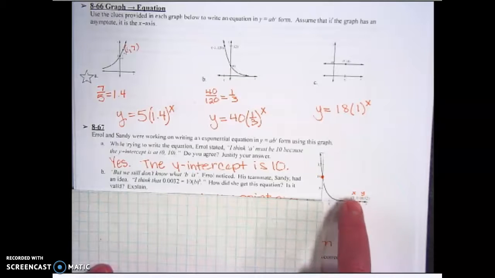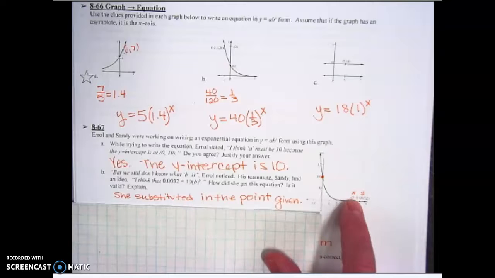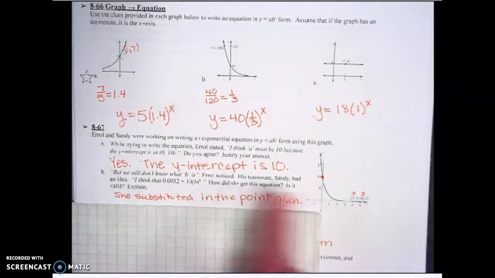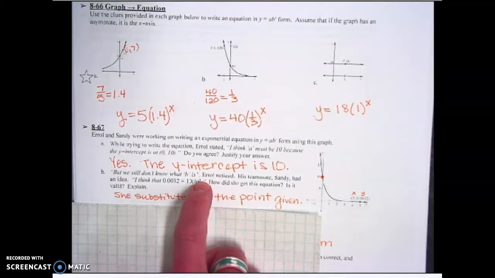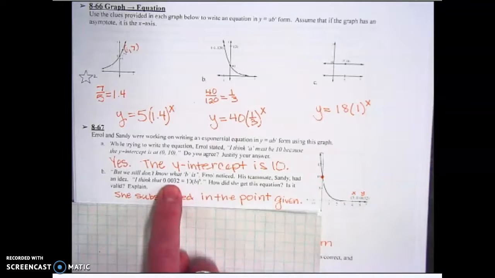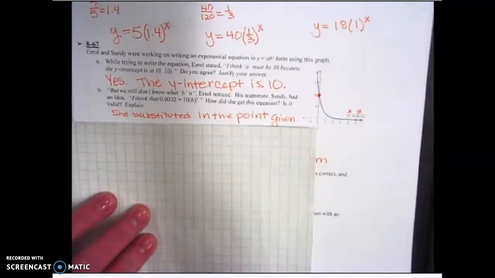So she took the 5 and plugged it in for the x, and she took the 0.0032 and plugged it in for the y. She just substituted those two numbers in for x and y.